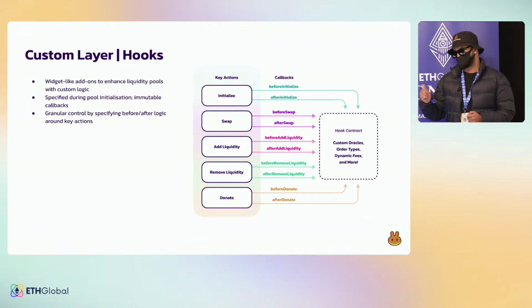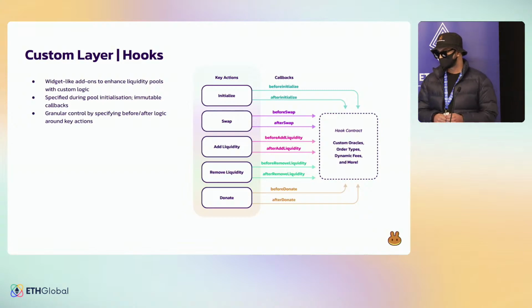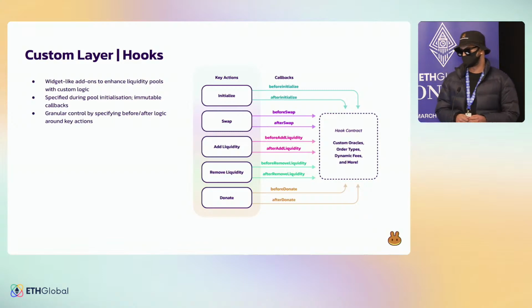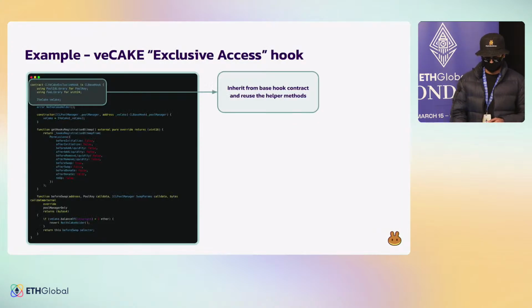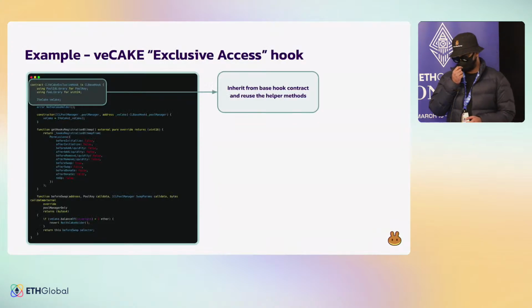There are 5 key actions: initialize, swap, add or remove liquidity, and donate. The callbacks include before and after each of these actions to offer more granular control. Things you could do with hooks include developing order types, dynamic fees, maybe some kind of impermanent loss mitigation, and much more.